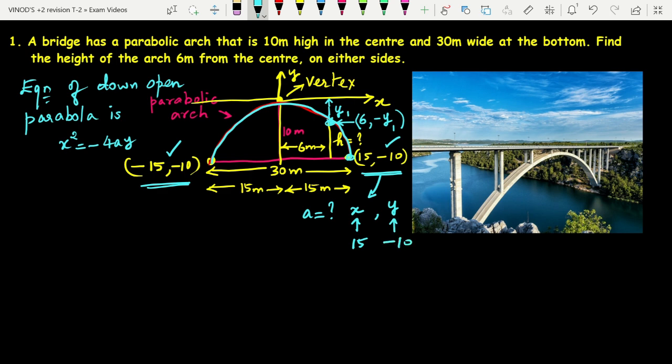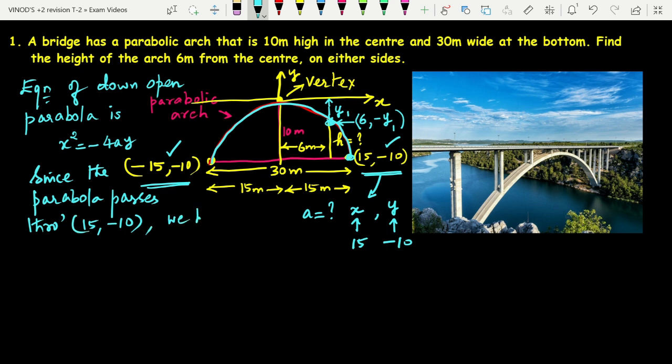Because the point lies on the parabolic arch, it has to satisfy the parabola equation. Since the parabola passes through (15, -10), to find the a value we replace x with 15. So x square, 15 square, is equal to minus 4a times y, which is minus 10.